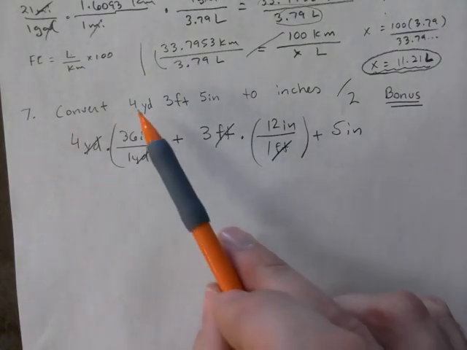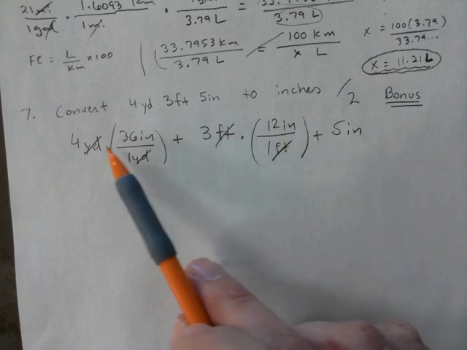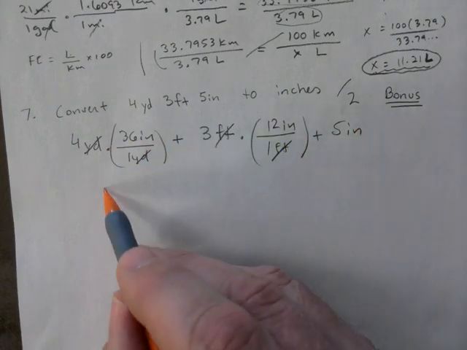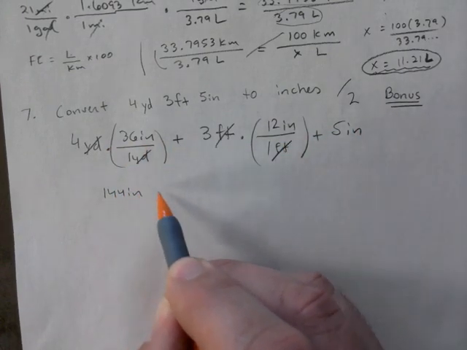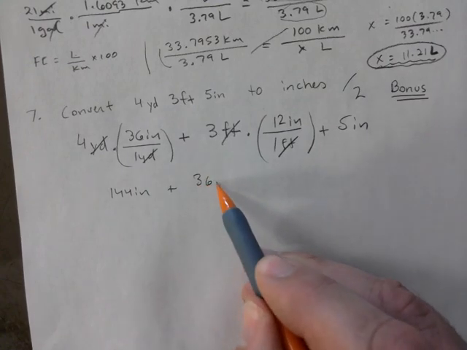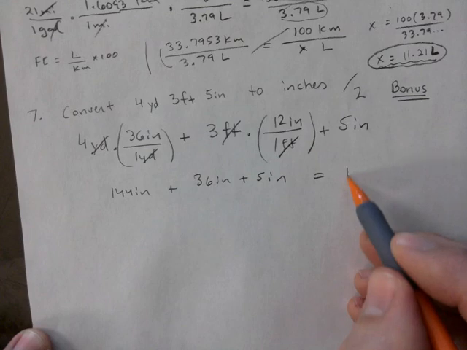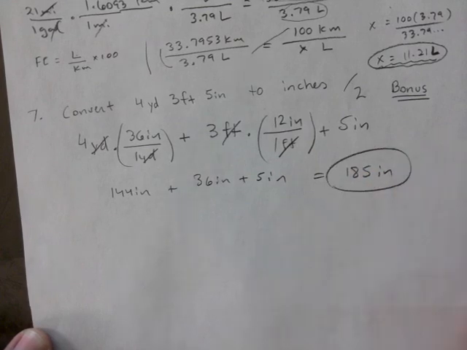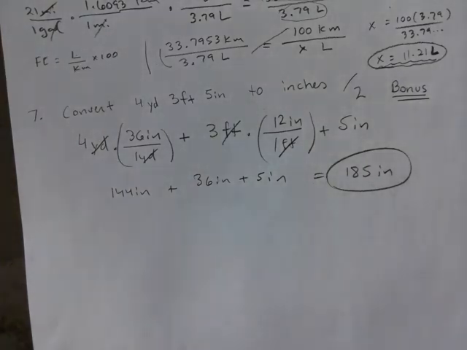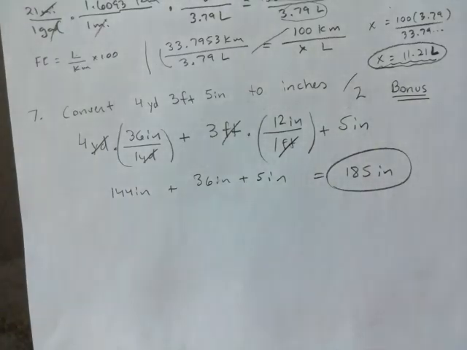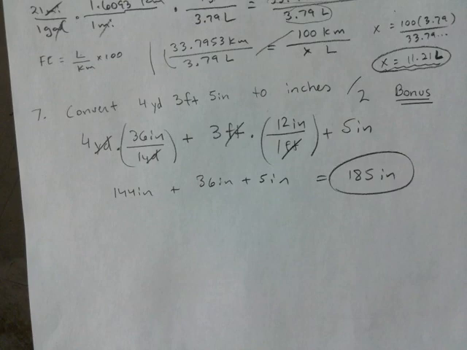If you add up all these components, you'll get your total in inches. So that's 144 inches plus 36 inches plus 5 inches, which gives you 185 inches. That's a bonus of 2, courtesy of Mr. Dirksen today for you.